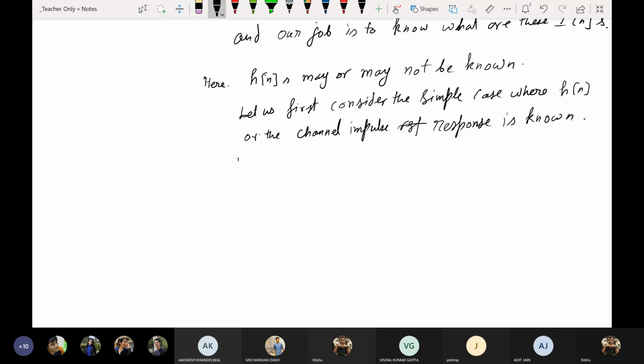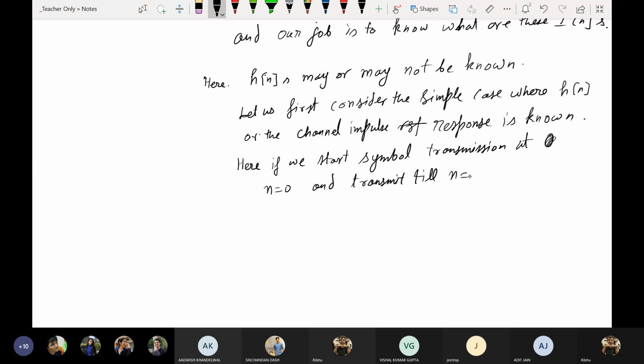So in this case, here, if we start symbol transmission at n equals 0, transmit till then, right?